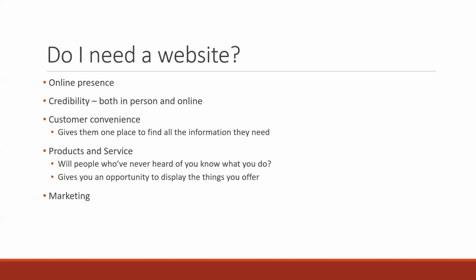And the online credibility is a little bit different. When I say that, I'm talking about what's called search engine optimization, which we won't get too much into, but it basically means that all of the algorithms, all of the back end things that are going into Google, are recognizing that your company exists.